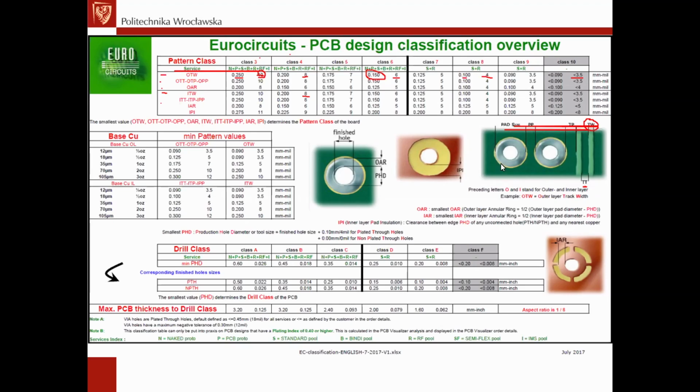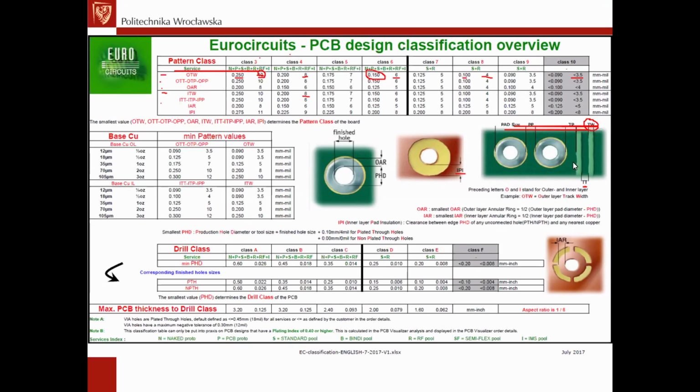And then we have the pad size, and then the parameter OAR, which is the annular ring diameter, for the outer layer, and then the parameter for the inner layer, the IPI, inner pad insulation, less important.